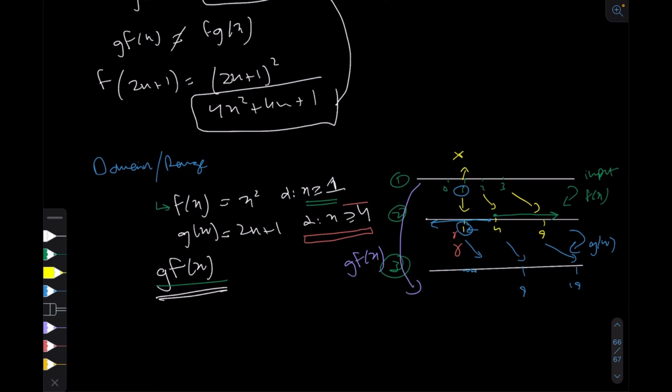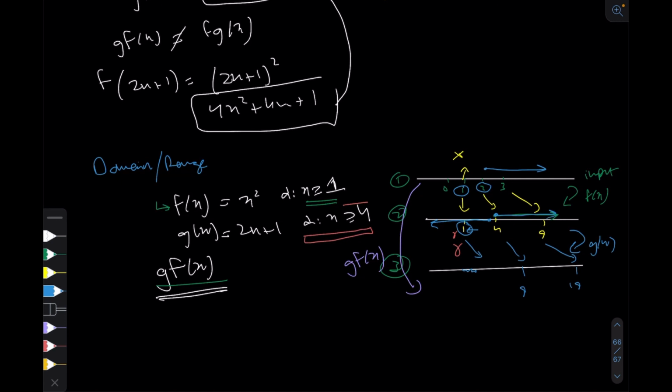So 4 is the least value. 4 is the extreme point that g of x can take, right? And you get 4 when you plug 2 into f of x. And if you plug in any value greater than 2, you will get an output that is greater than 4.